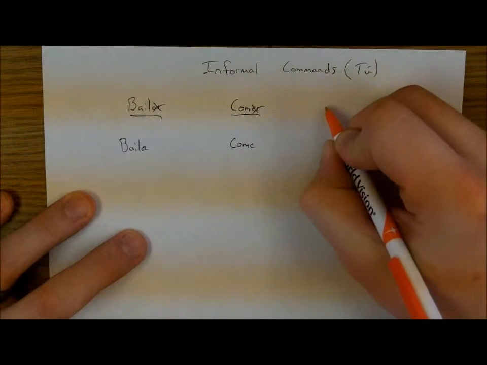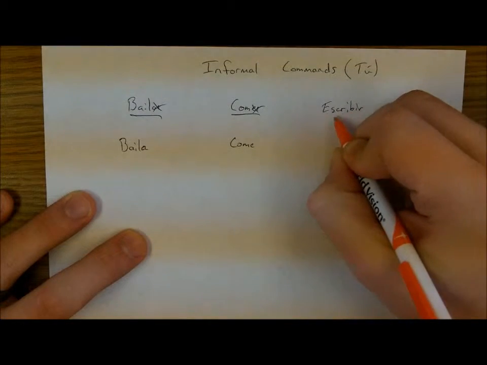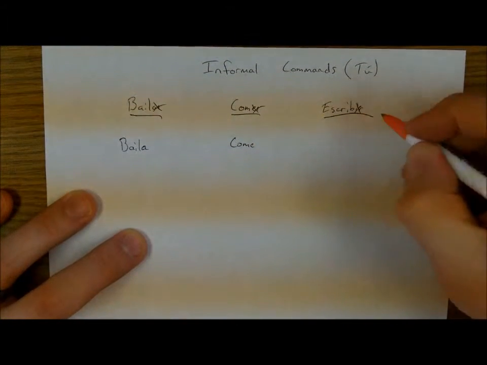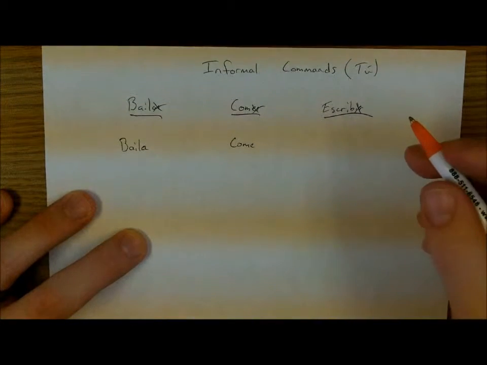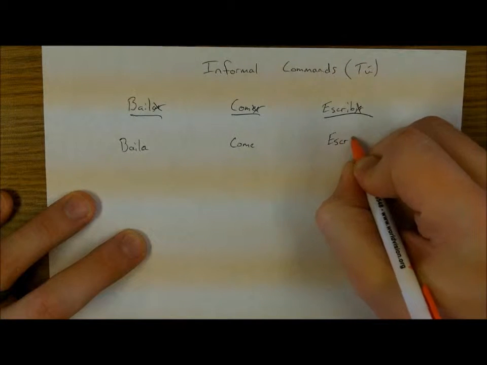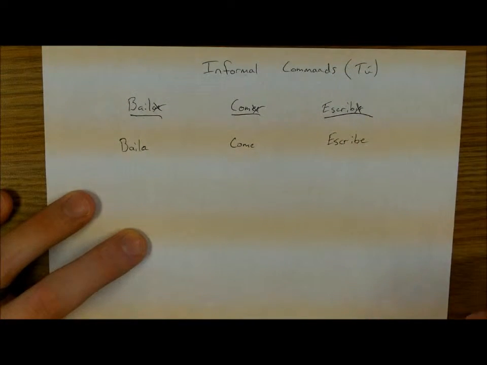If we move over to an IR verb, we get escribir. Talking to one other person, you write: take off the IR, add the he, she form present ending, which is also an E, so we get escribe. Like escribe, talking about an assignment or write down the vocab.